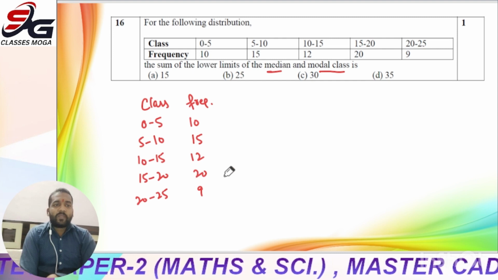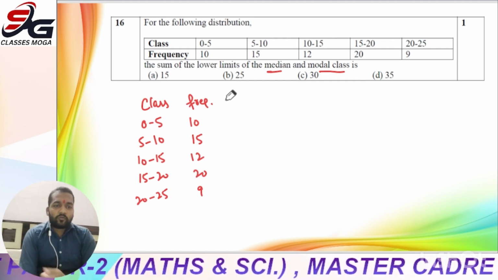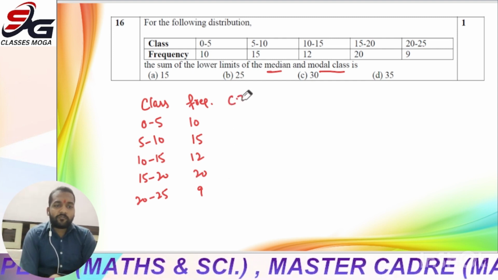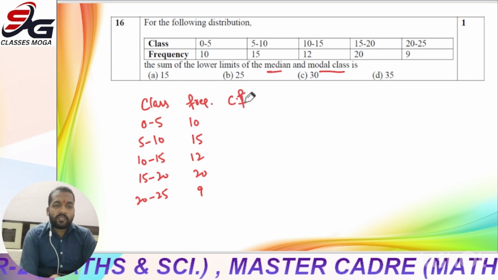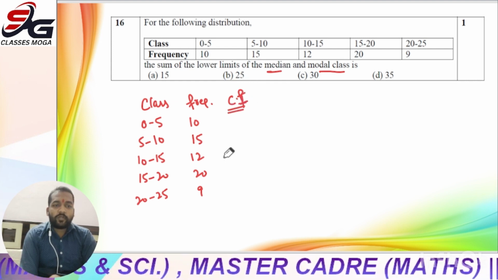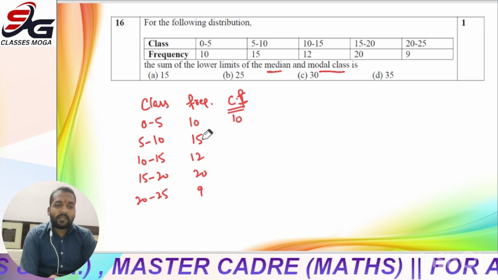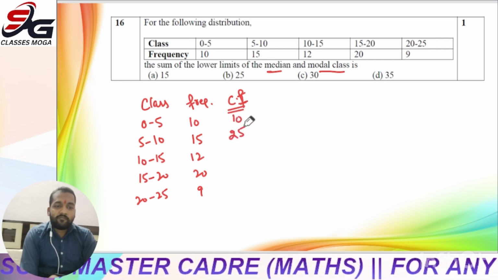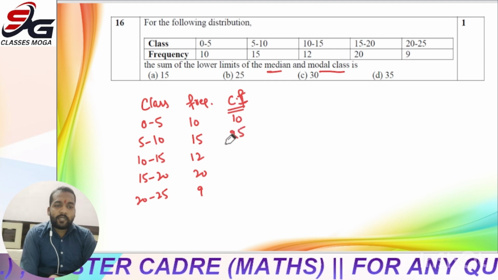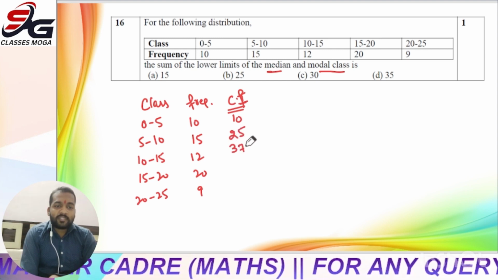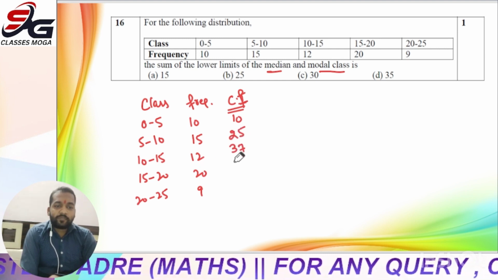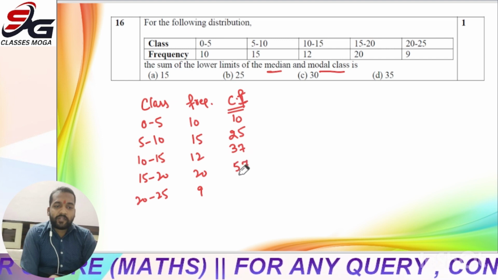So what we have to do, we have to first find the cumulative frequency. First number as it is. Now add 10, becomes 25. Now add 12, it becomes 37. Now add 20, becomes 57.